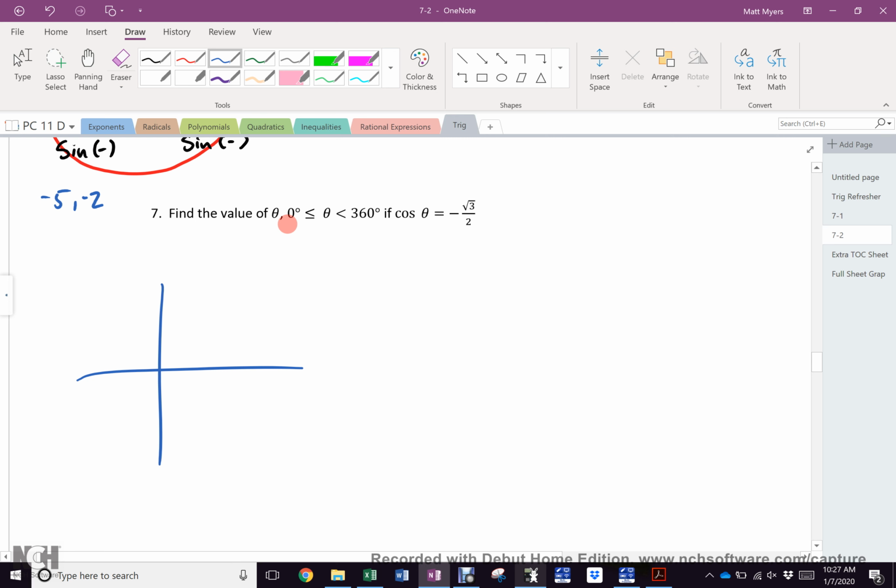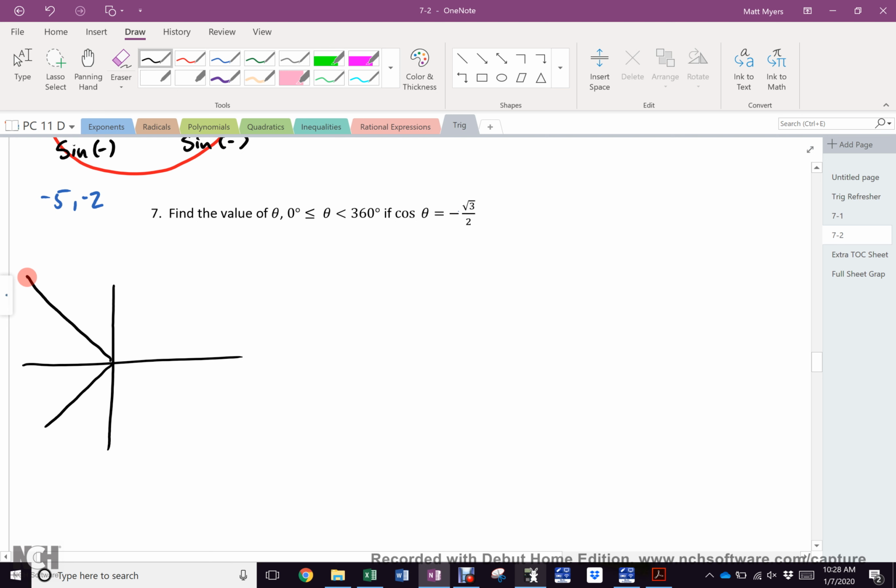Right? Now, cos tells us what? It's negative, right? So where can this be? It can be in which quadrants? Where's the only places cos can be negative? Bottom right, and that's bottom right, cos is positive. Top left. Right?